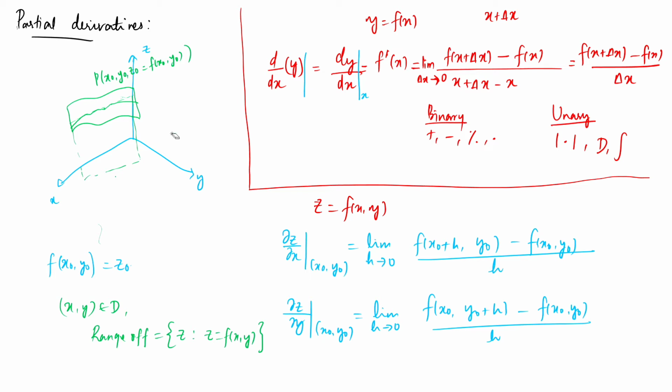You have done these things, right? You have identified a vertical plane along the x-axis, and if you try to identify a tangent at this point for this curve, the slope of the curve is your first derivative with respect to x.